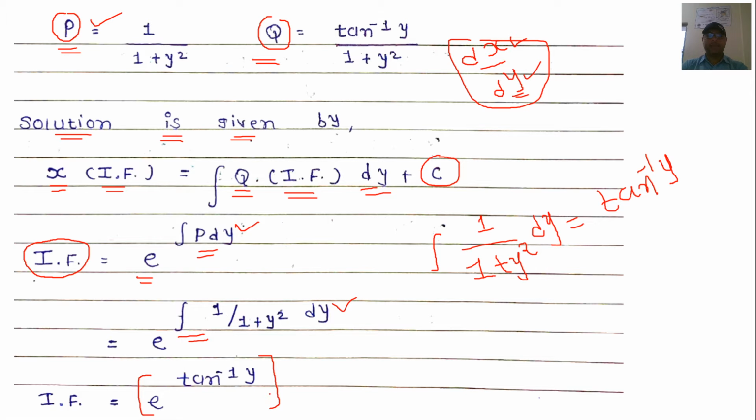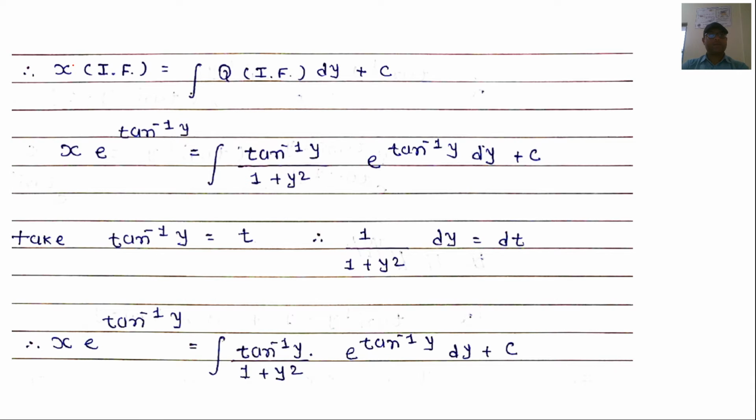This is the integrating factor. So the solution is x into integrating factor is equal to integration q into integrating factor with respect to y plus c. Now put all the values: x into e raised to tan inverse y is equal to integration of tan inverse y upon 1 plus y square into e raised to tan inverse y dy plus c.